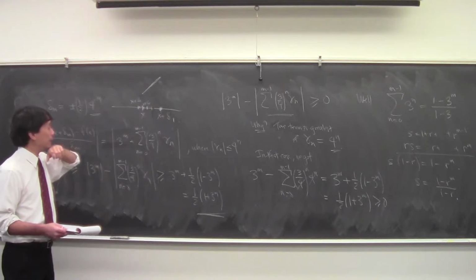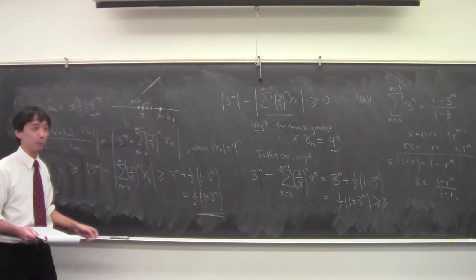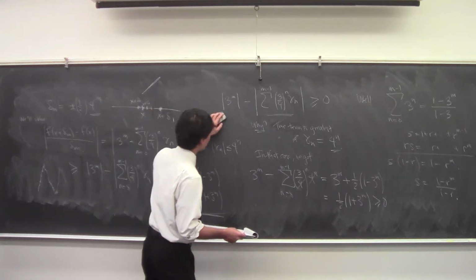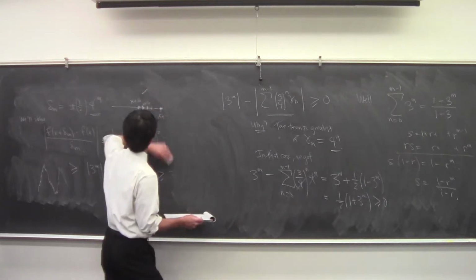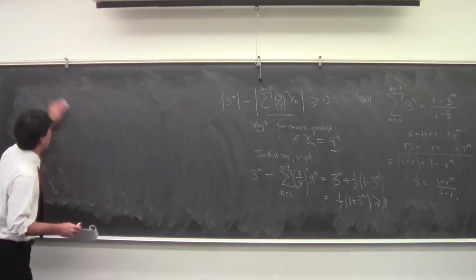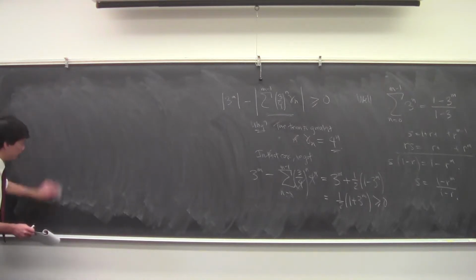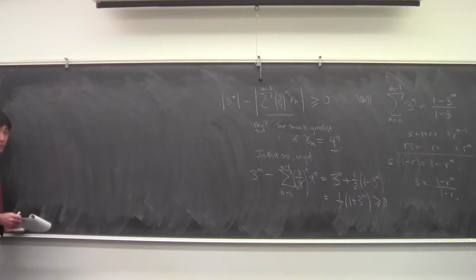And we needed Weierstrass's M-test to show that we actually did have uniform convergence. Without these ideas and these tools, it would be impossible to show that this function existed.